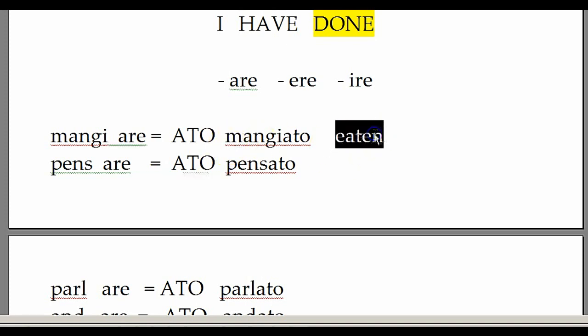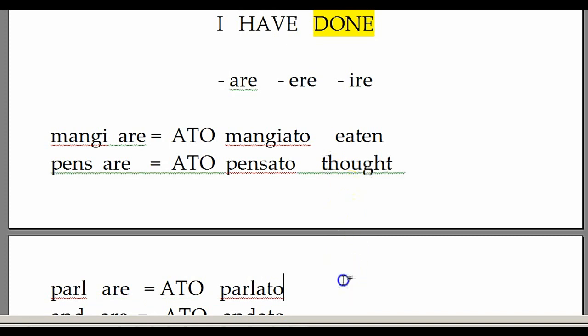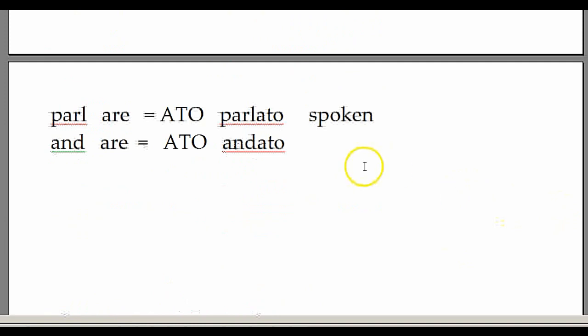I have eaten. So mangiato means eaten. Pensato, to think, and I have thought, not thunk. Parlare, to speak. I have spoken. Andare, I have gone.